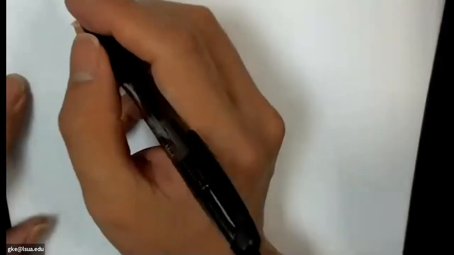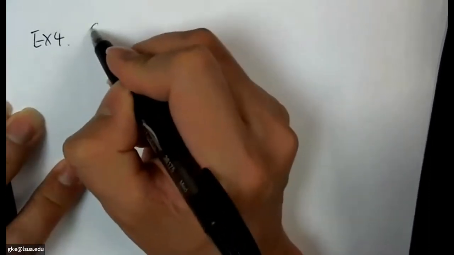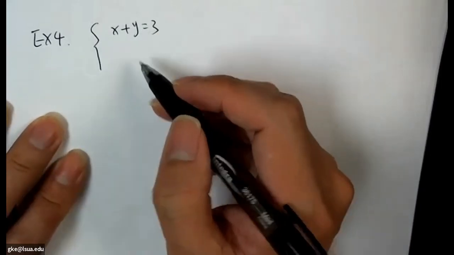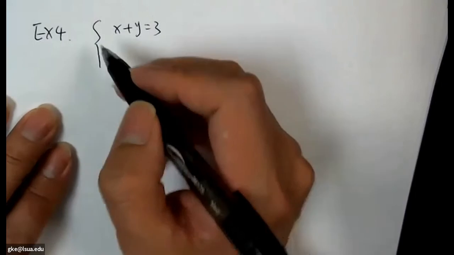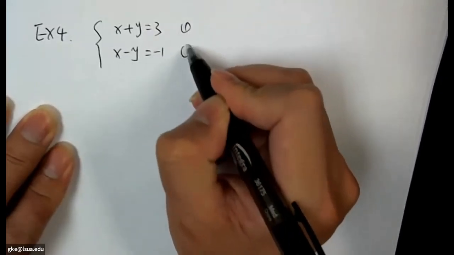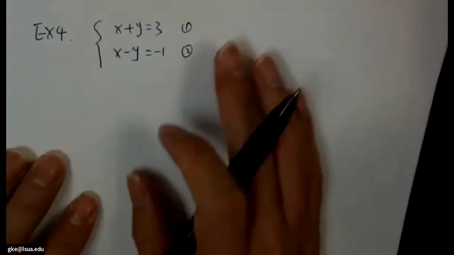So 2x2, example 4. x plus y equals 3. x minus y equals -1. How to solve this 2x2 linear system?